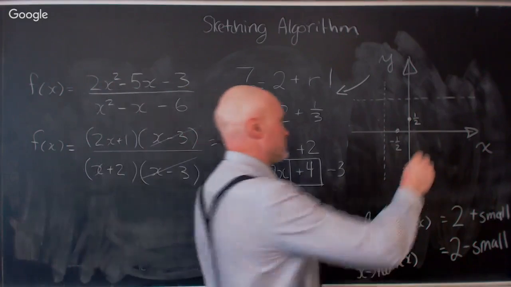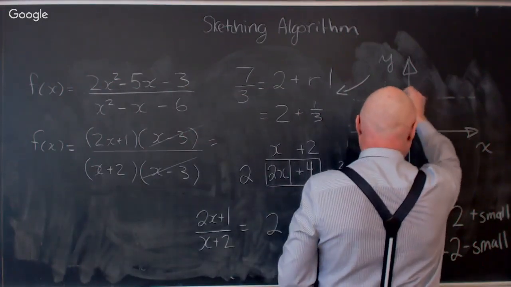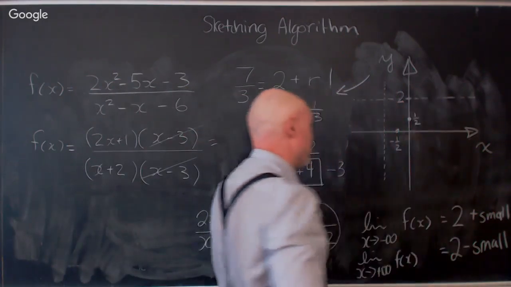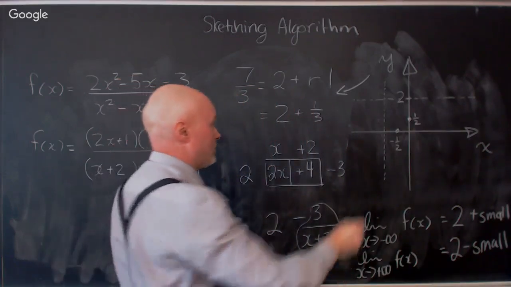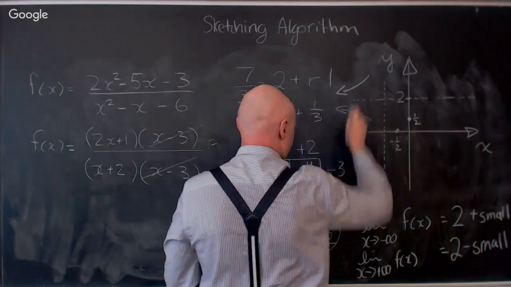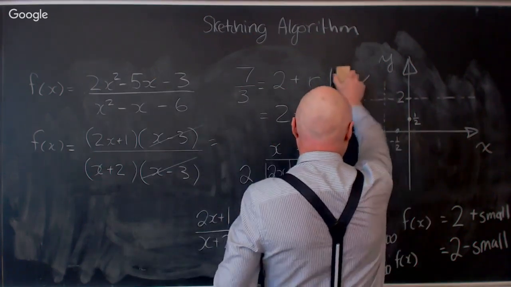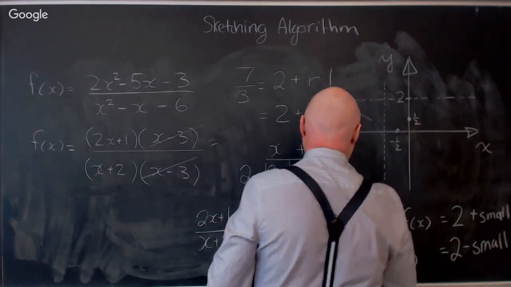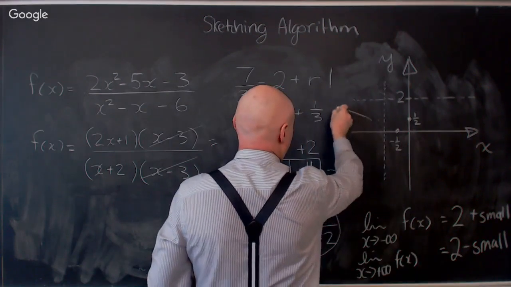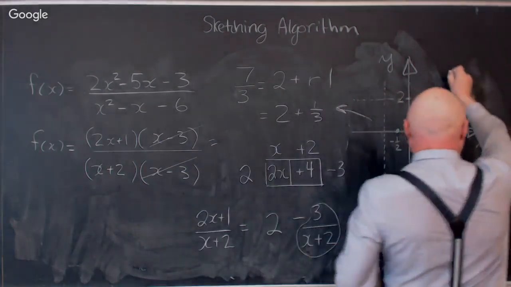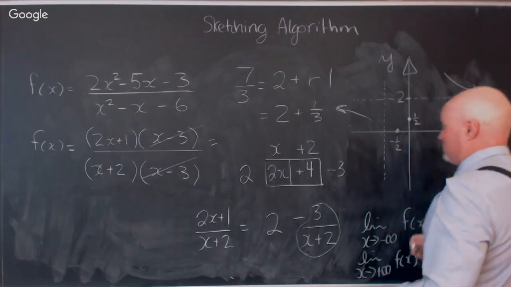Sorry, I've drawn this at 2, but I didn't indicate it. So we've got a horizontal asymptote at 2, and I'd better erase that because it is just an artifact from before. We're approaching it from above as x heads to negative infinity, and as x heads to positive infinity, we're approaching it from below.